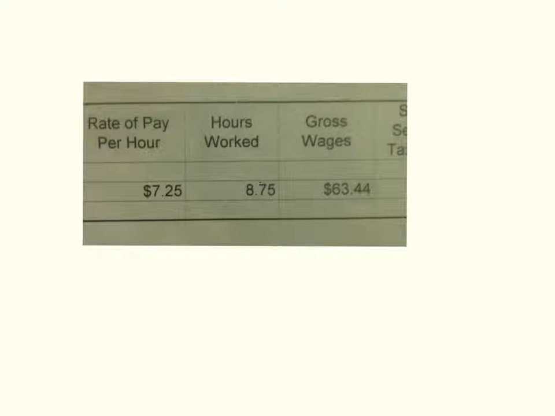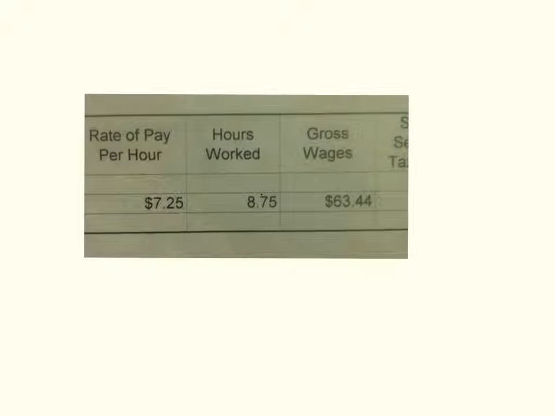So when we go to choose variables, the rate of pay that he gets paid per hour, we may call that R. And then the number of hours he works, we might call H. And the gross wages, we could call W. I didn't really want to use G for gross.